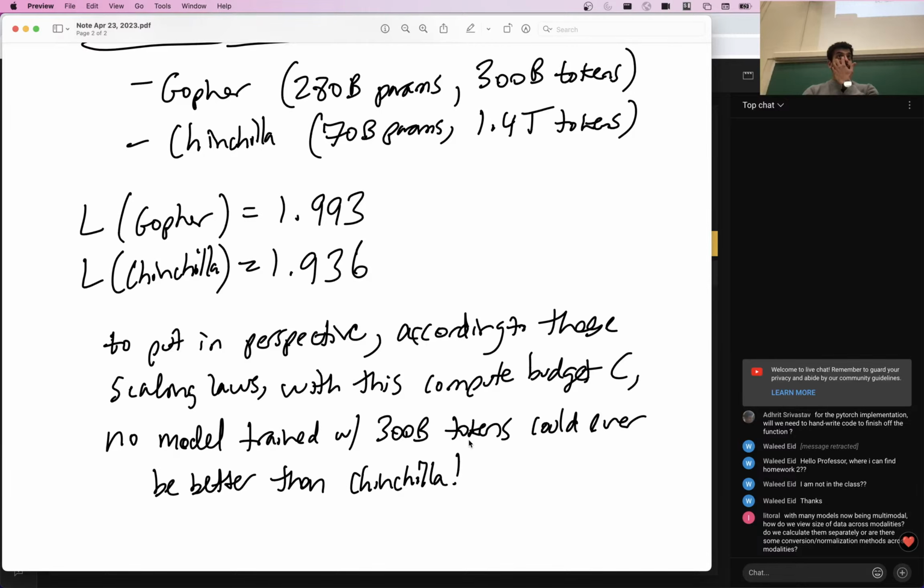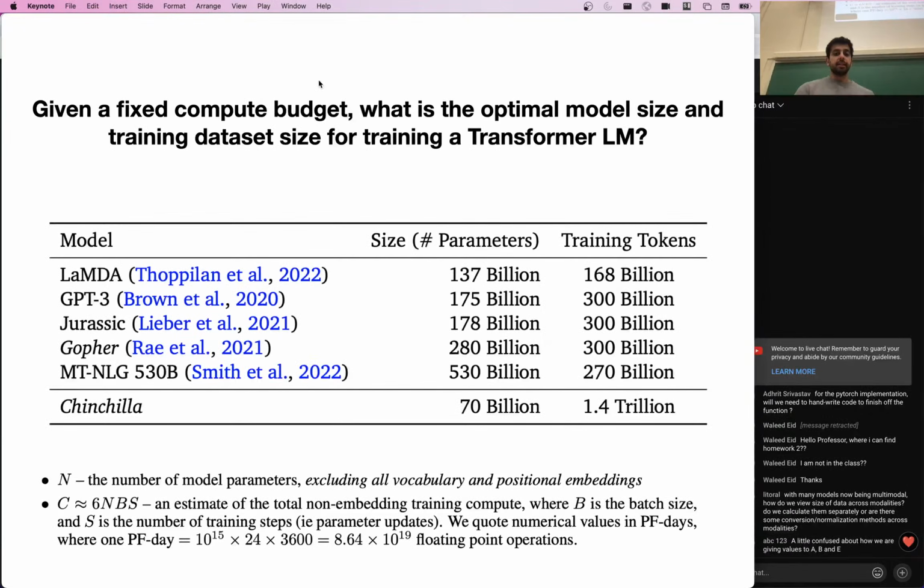One very important thing that is not covered in the Chinchilla or the Kaplan et al. scaling law paper is the inference cost as well. So let's say you're a language model provider and you know that billions of people are going to be using your language model.